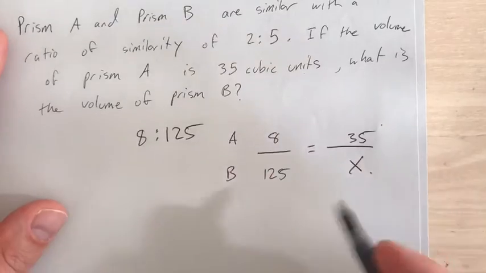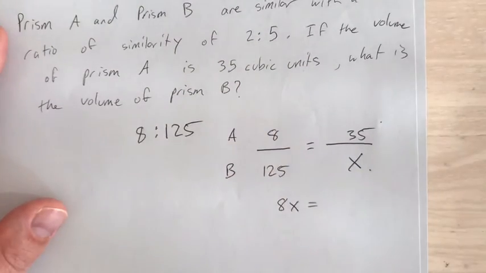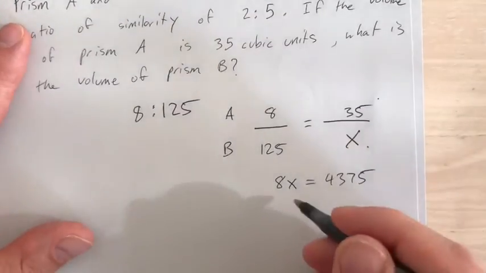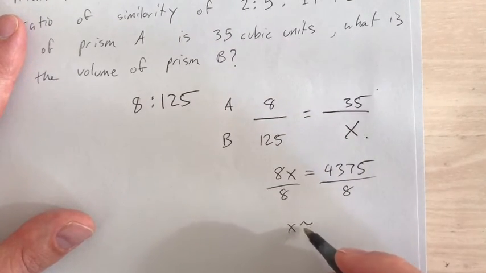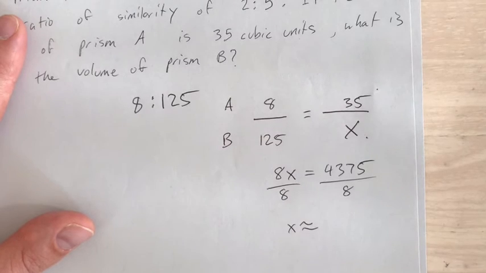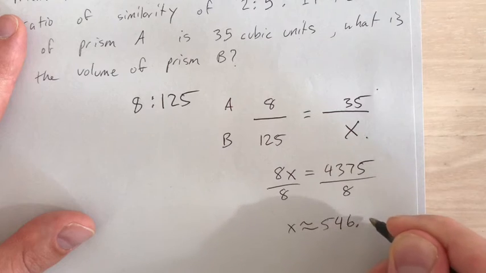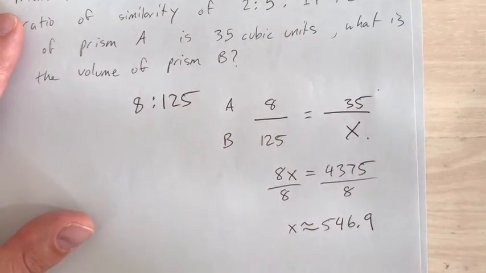We're going to cross multiply. 8x equals 35 times 125, which would give us 4,375. And then we would divide by 8. And then x would be, let's see here, 546.87. So I'm going to round that to 547. That would be the volume of prism B.